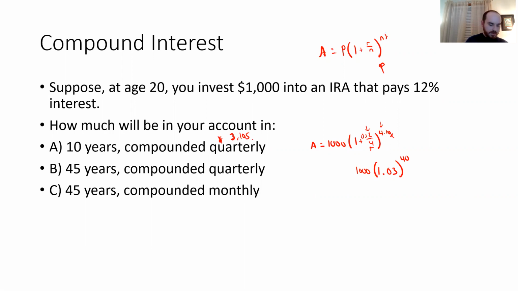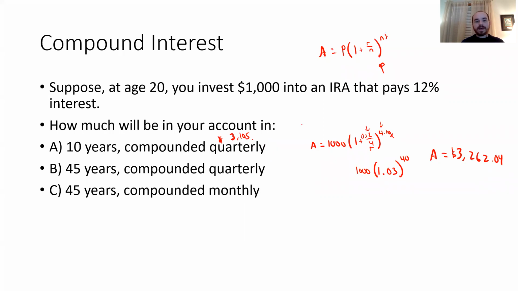We're going to get 1.03 raised to the 40th, times 1,000. So our new value, A equals $3,262.04. So it's not a huge difference. It's another, what, $157 just because it was compounded quarterly.